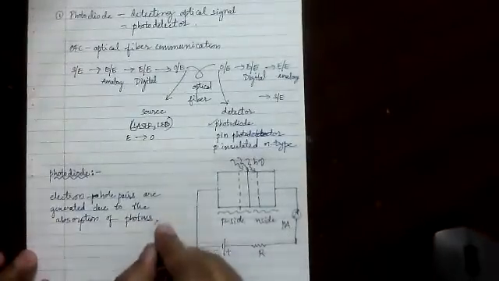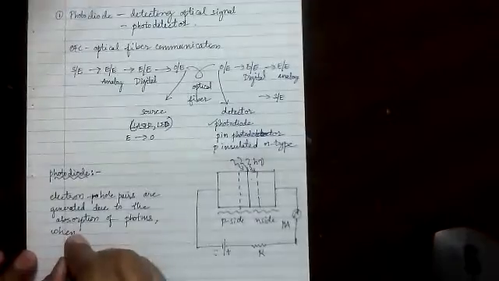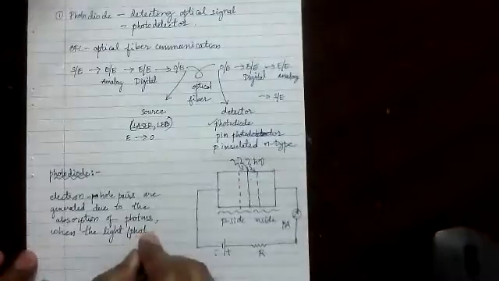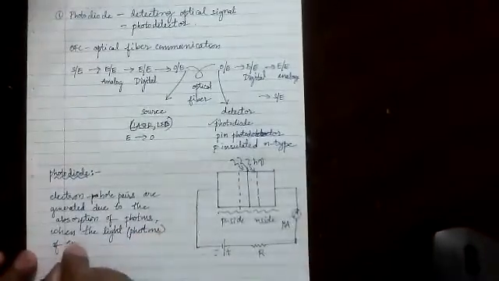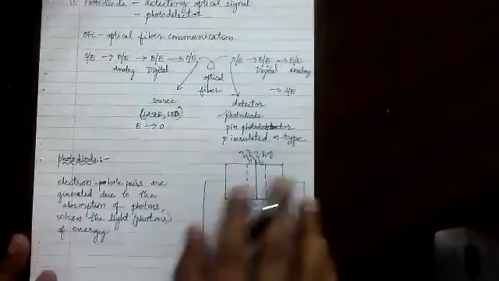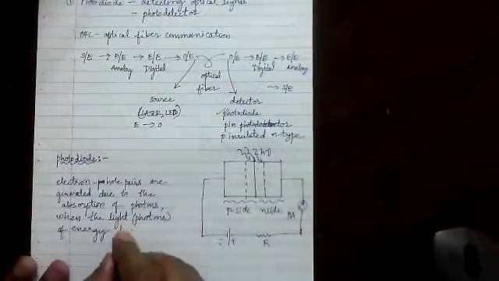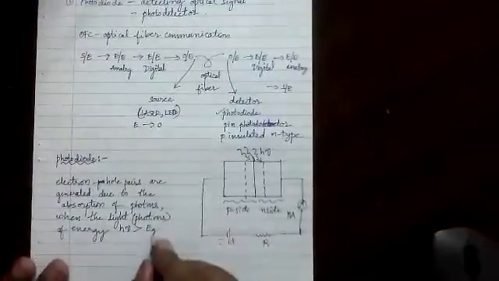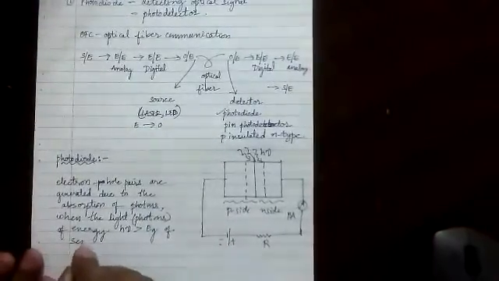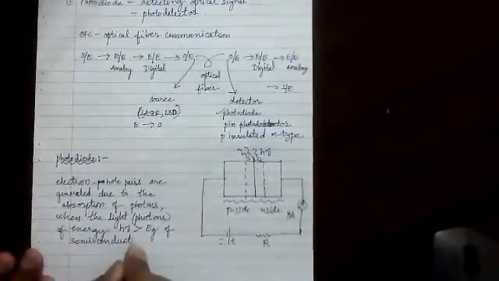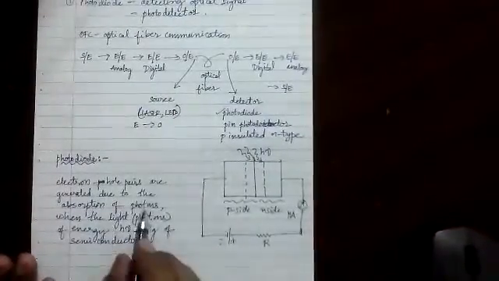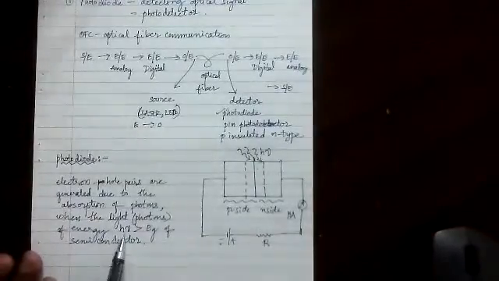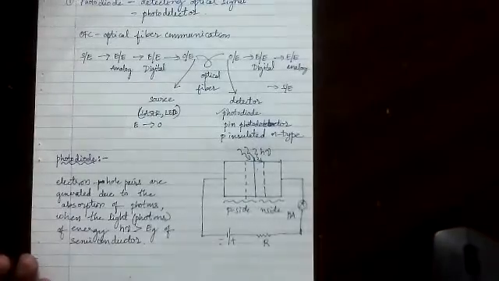What is the condition? When the light or photons of energy h nu is greater than the energy gap of the semiconductor, then electron hole pairs are generated due to the absorption of photons. So it is given more than that, then what happens?